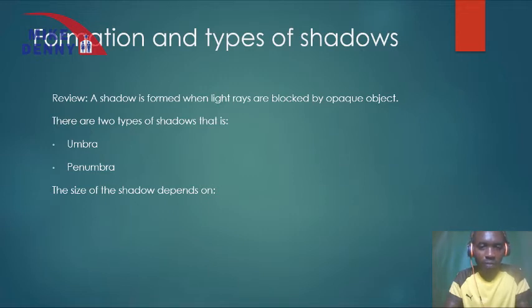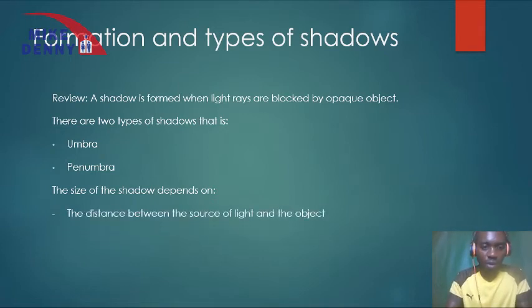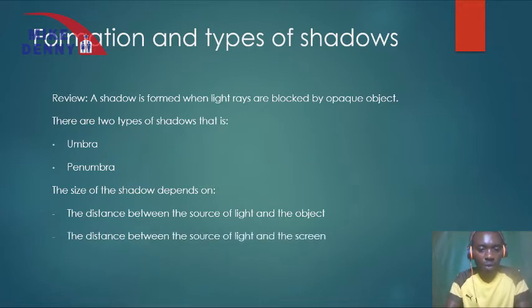The size of the shadow varies, and it depends on 3 factors. The first is the distance between the source of light and the object. The source of light might be a light bulb, and the object might be you or any opaque object. Therefore, the distance between the source of light and the object will determine the size of that shadow. We move ahead, we look at the distance between the source of light and the screen.